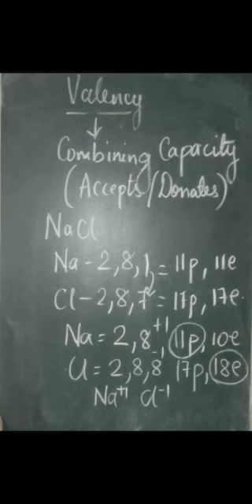So what they do is they give and take electrons here. Now for sodium to take up 7 electrons is difficult. It will require more energy. While it will be easy for sodium to give up 1 electron.